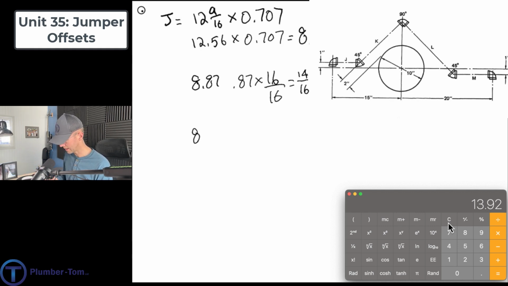We got 7/8. So we got 8 and 7/8. That's what we'll subtract from 15. 15 minus 8 and 7/8. Well, 15 minus 8 is 7. Minus 7/8 is going to leave us with 6 and 1/8. That is going to be our measurement for J.